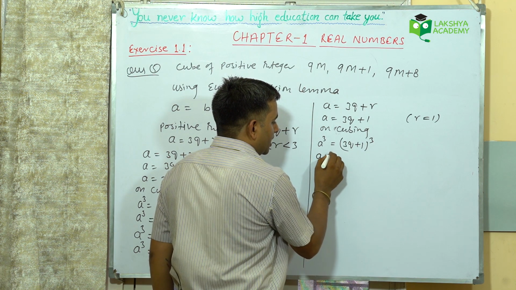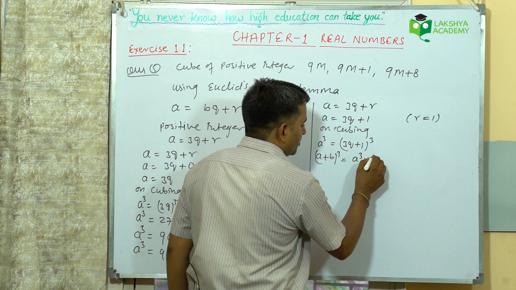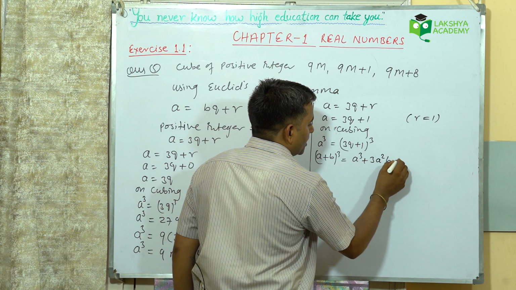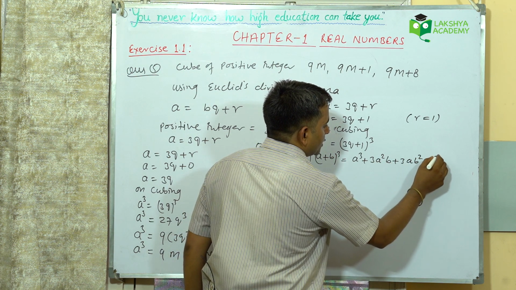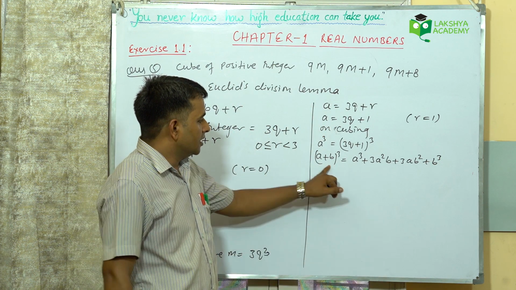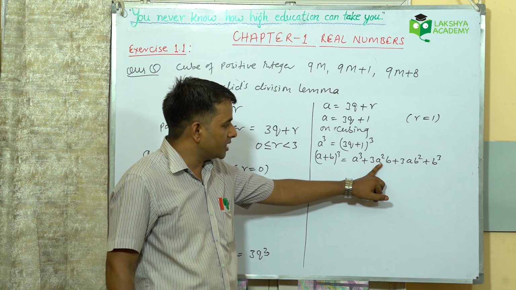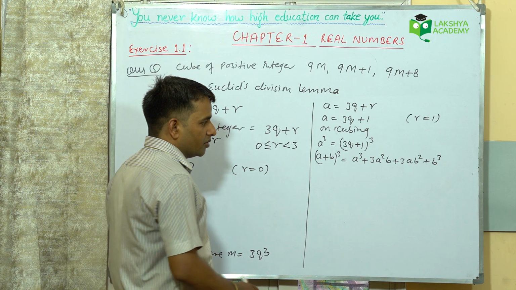Follow the identity: a plus b whole cube equals a cube plus 3a square b plus 3ab square plus b cube.